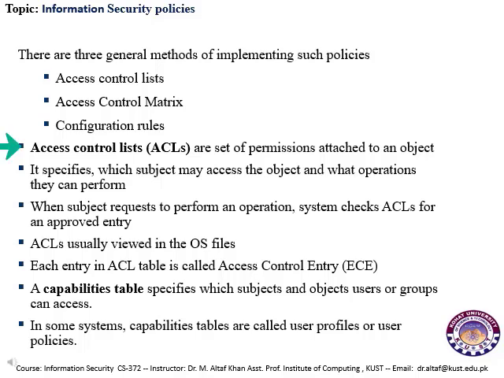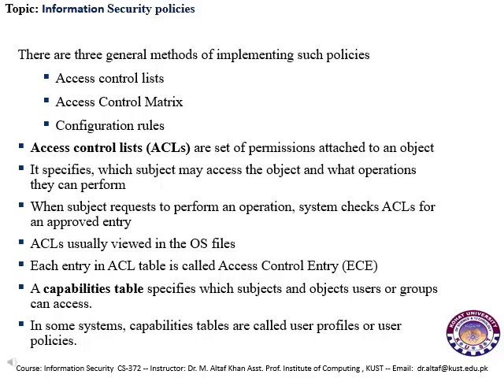Access control list is a set of permissions attached to an object. It specifies which subject may access the object and what operation they can perform. Here I want to clear the terms subject and object. Subject is a user and the object is a resource which is being used by that user.